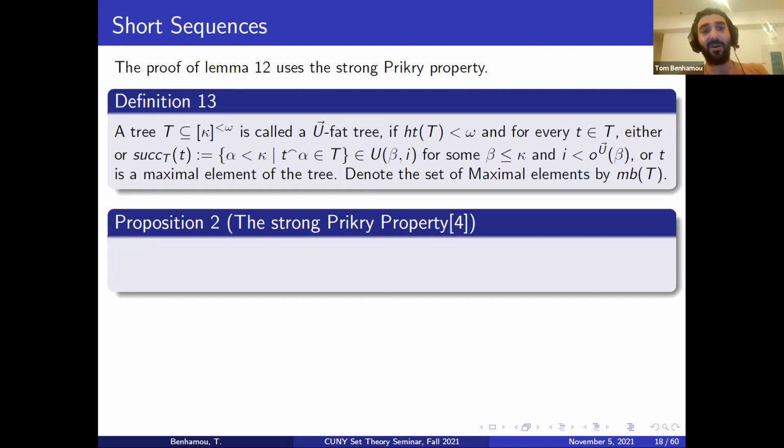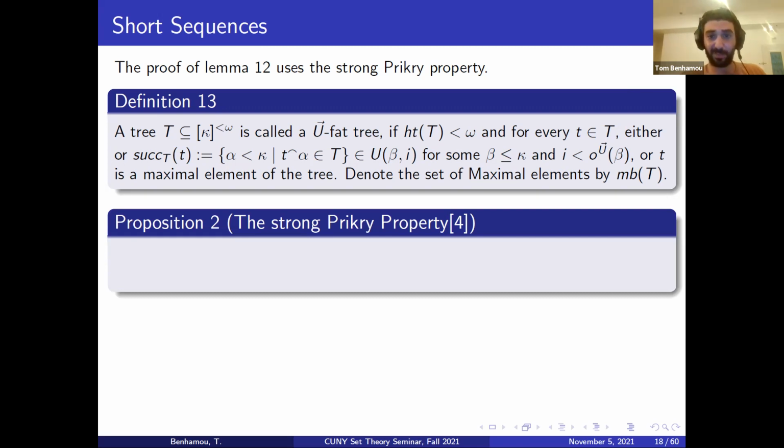A tree T of finite increasing sequences below kappa is called a U-fat tree if it is a tree of finite height, and for every node t in T, either the set of its immediate successors is of measure 1 with respect to some measure of U, or t is a maximal branch, or there are no continuations of t in the tree. We denote the set of maximal branches of T by MB(T).